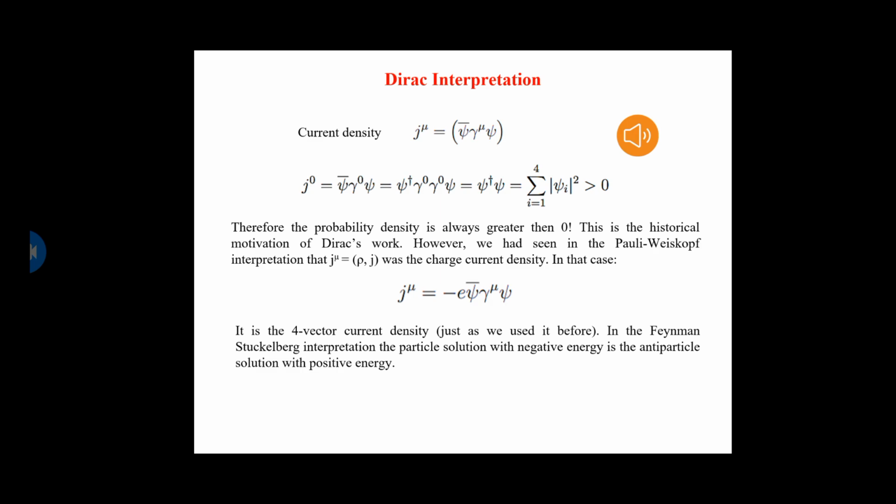In the Feynman-Stueckelberg interpretation, the particle solution with negative energy is the antiparticle solution with positive energy. Note, in the case of Klein-Gordon waves, the current of the antiparticle j mu gets a minus sign with respect to the current of the particle due to reversal of forward momentum.